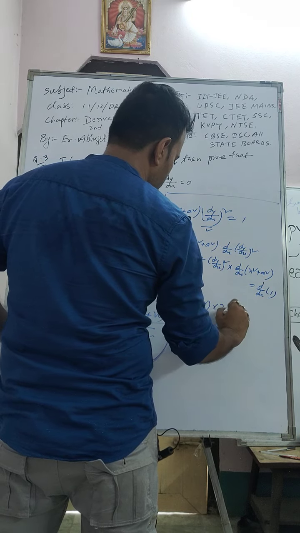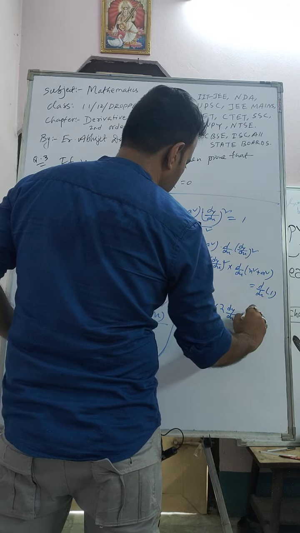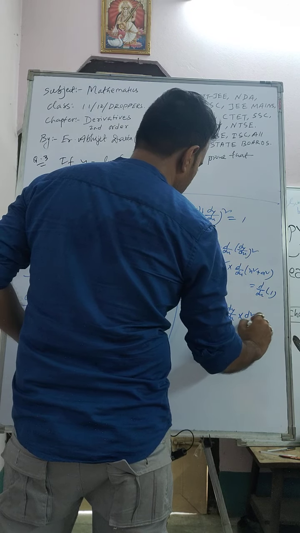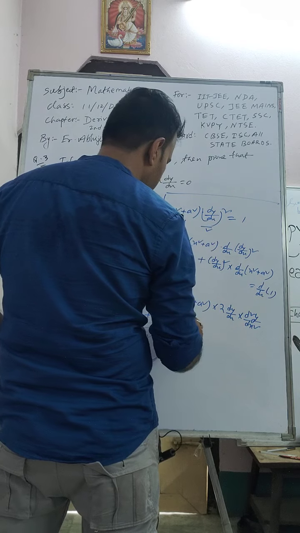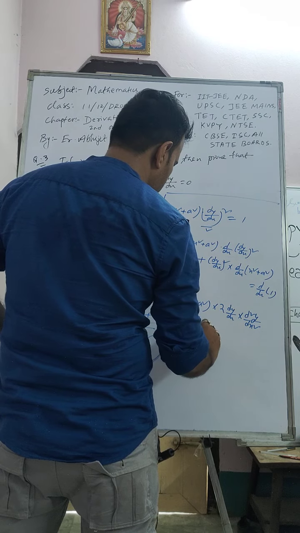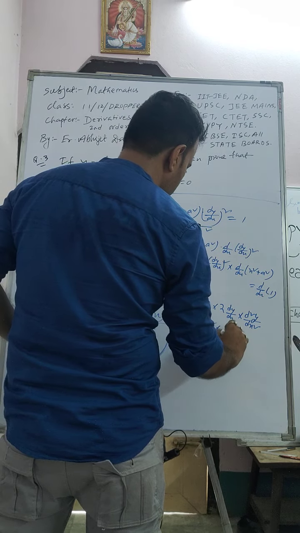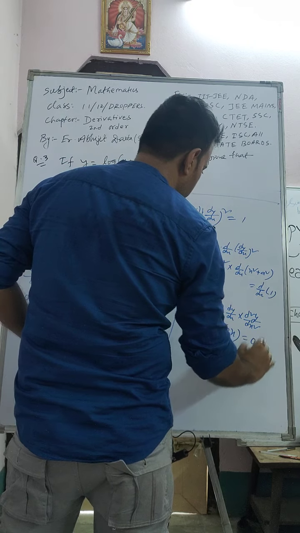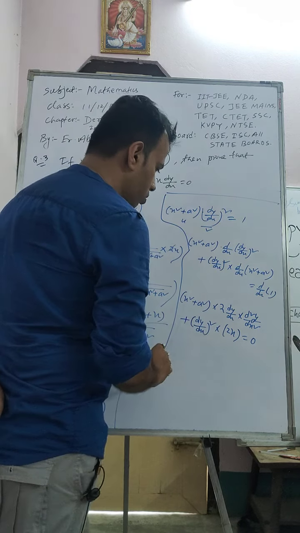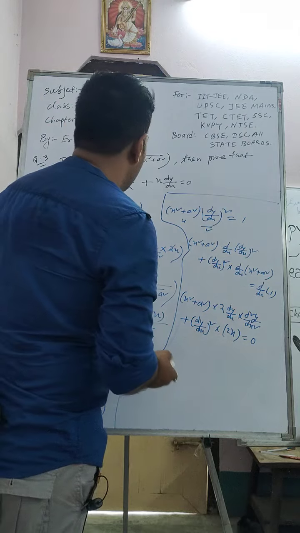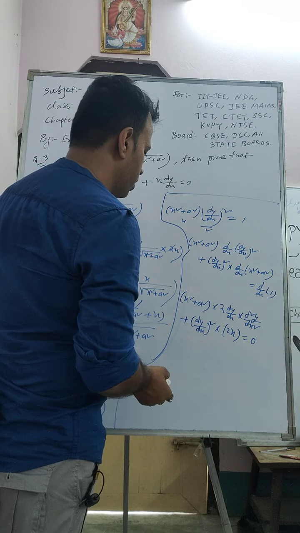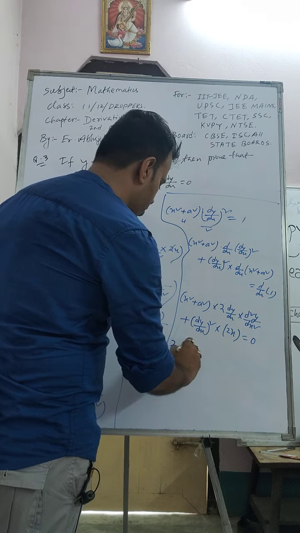dy/dx times 2 dy/dx d square y by dx square plus (dy/dx) whole square, this will be 2x equal to 0. So now what is common here? 2 dy/dx I can take common from that.